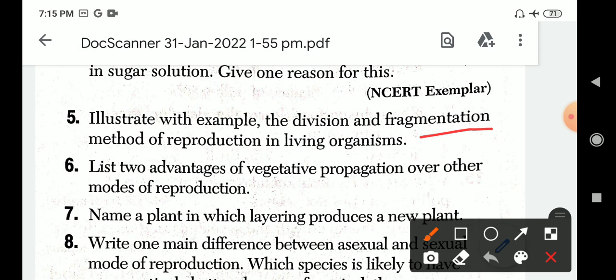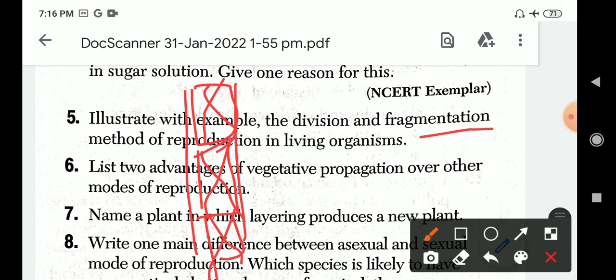What happens in this case? This is a rough diagram of Spirogyra. It is a filamentous algae, in which that type of chloroplast is found. On maturation, it divides into parts and each part grows into a new individual. The same happens in the sea anemone also. This type of asexual reproduction is known as fragmentation.